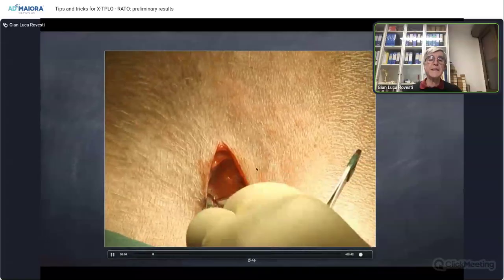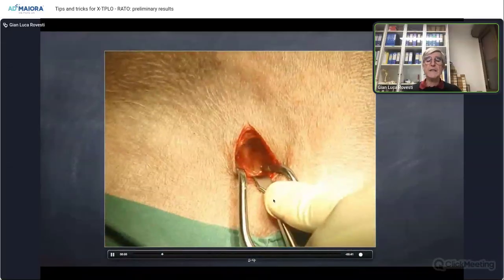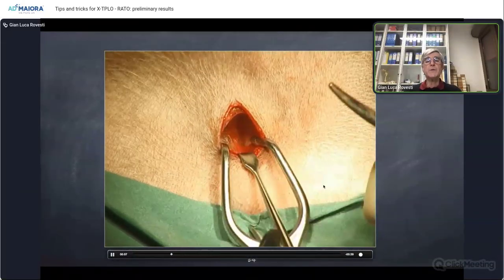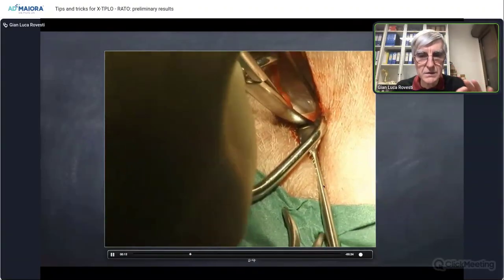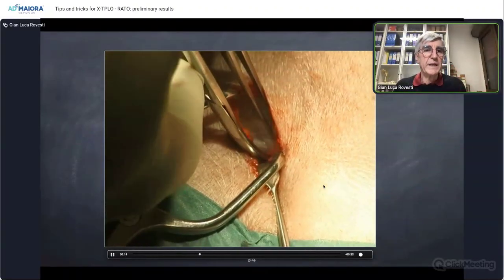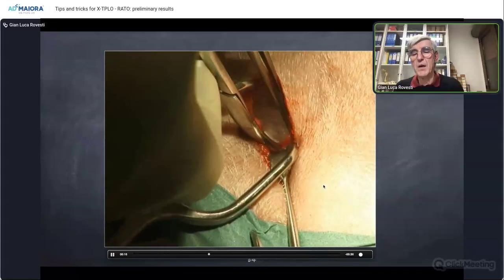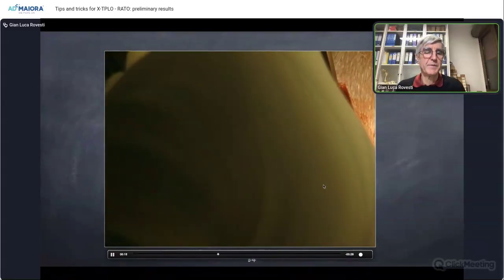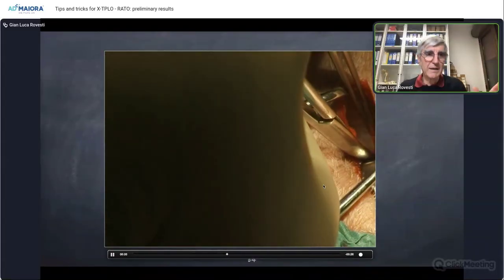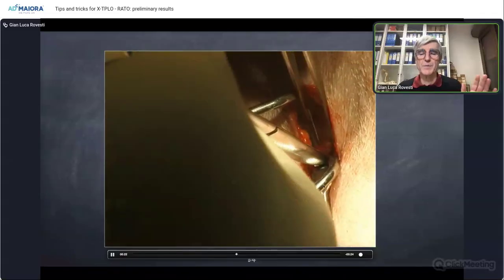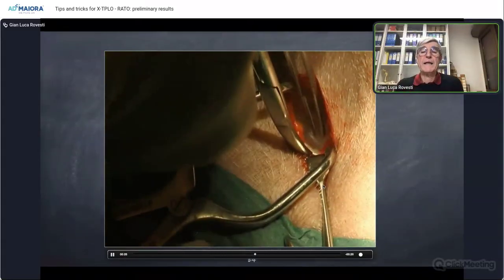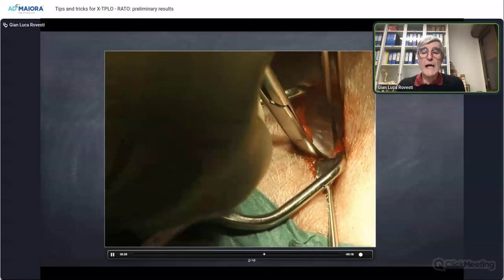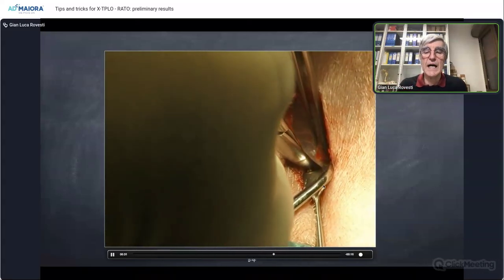We can easily see the muscle. And if we go deep into the pectineal eminence and just cut the tendon, it won't bleed. So it's a bloodless procedure. Straightforward, but of course you should practice for that specific anatomy.